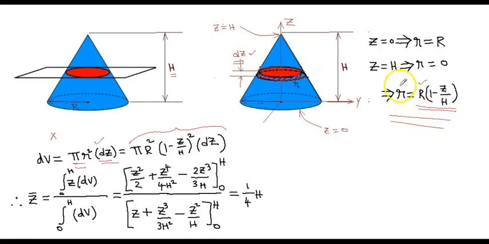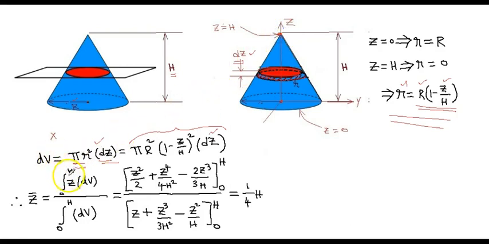Essentially we are trying to express r in terms of z, because dz is the integrating variable. We will substitute in the integral and evaluate it between the limits 0 to h. At this point z is equal to 0. At this point z is equal to h.